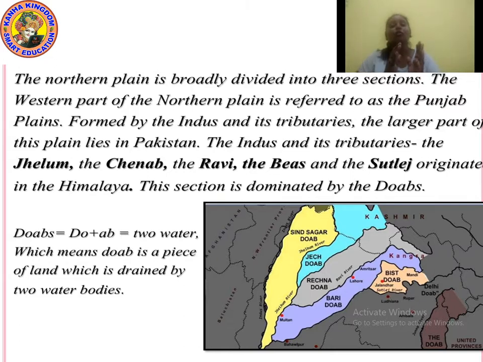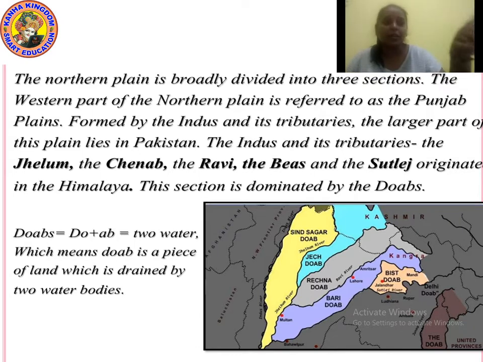Doab is do plus ab, which means two waters. A doab is a piece of land which is drained by two waters, or which is separated into two waters. The water is coming like this, and suddenly a piece of land comes, the water gets split and flows in another, separate form. That is called the doab.